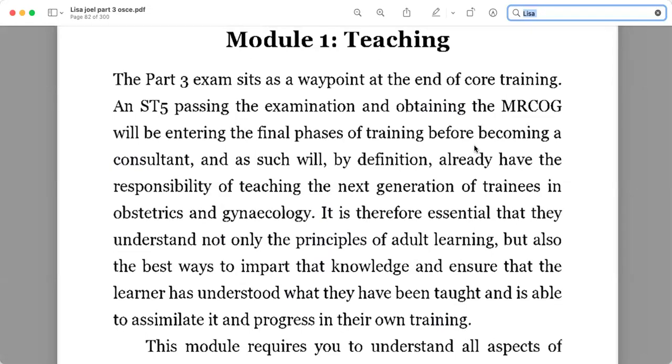Sometimes we have difficult juniors who don't really want to learn, or maybe they want a shortcut. They want to be signed off for a procedure, for example, while they can't do it correctly.